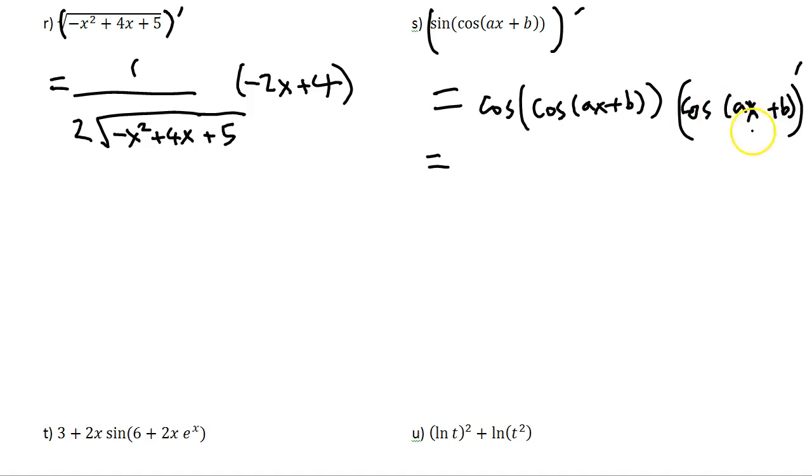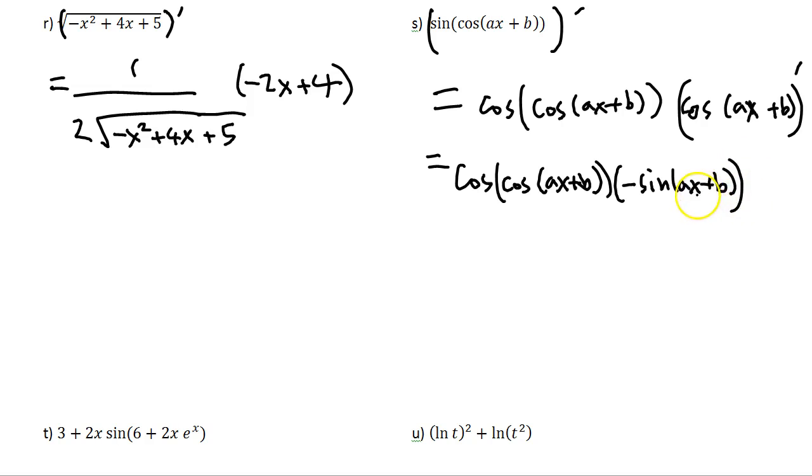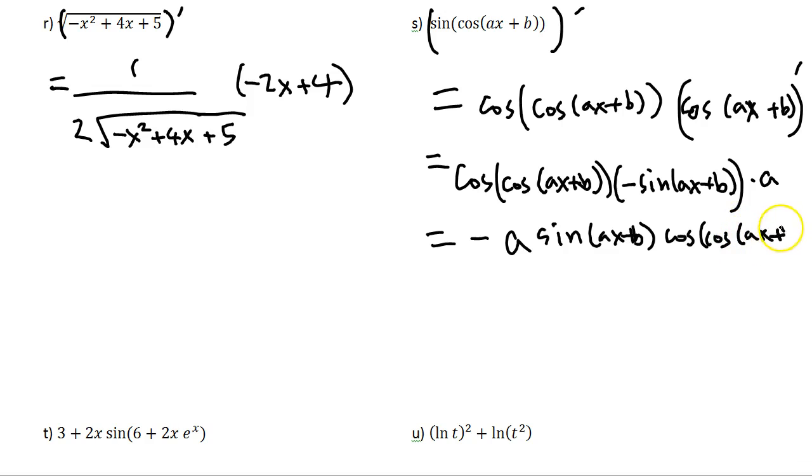When you differentiate cosine of ax plus b, ax plus b is again an inside function, so the first derivative of the cosine is negative sine, and the derivative of ax plus b is simply a. So that's equal to negative a sine of ax plus b times cosine of cosine of ax plus b.